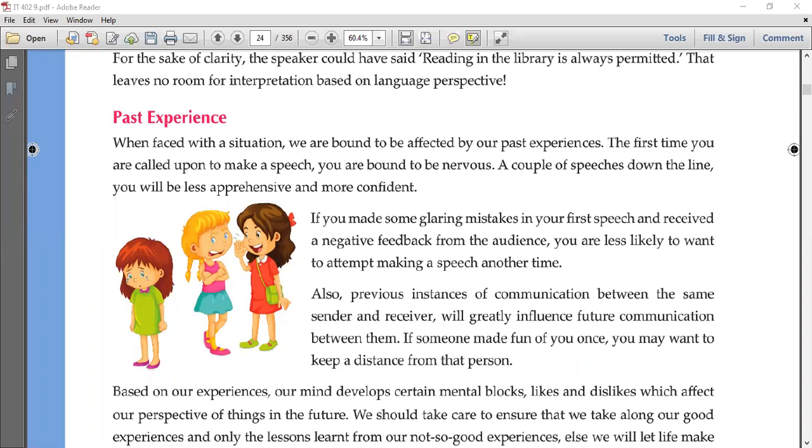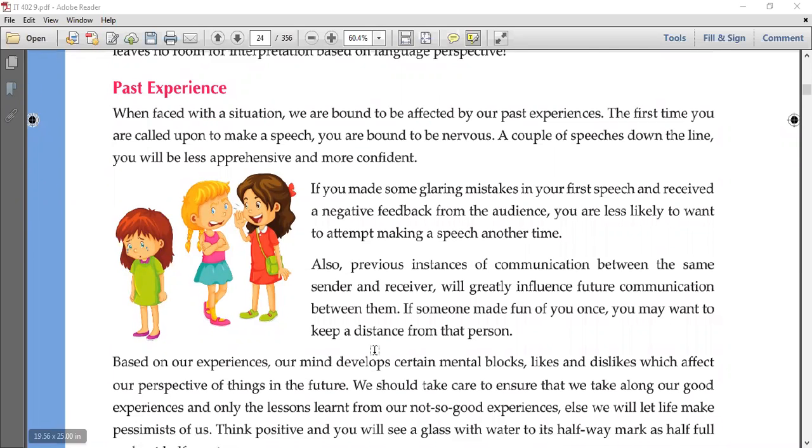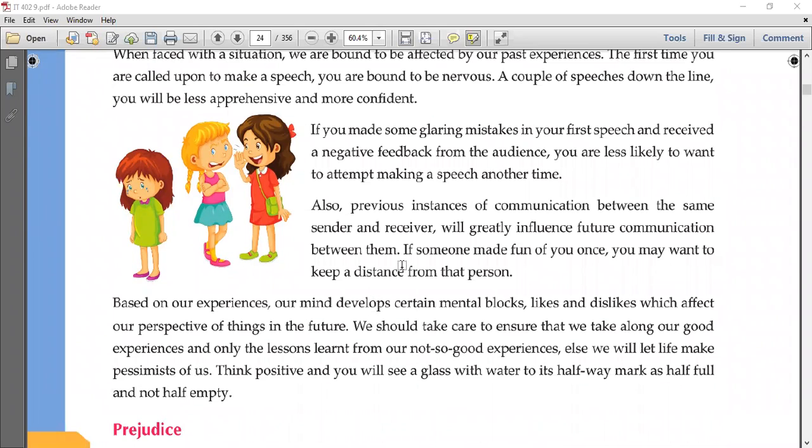If you made some glaring mistakes in your first speech and received negative feedback, you will be less likely to want to attempt again, okay? If someone points out mistakes in your first speech, saying this person doesn't speak well, right? So that can lead to you losing your confidence. If your experience is good, you will feel more confident and you can speak in a better way next time.